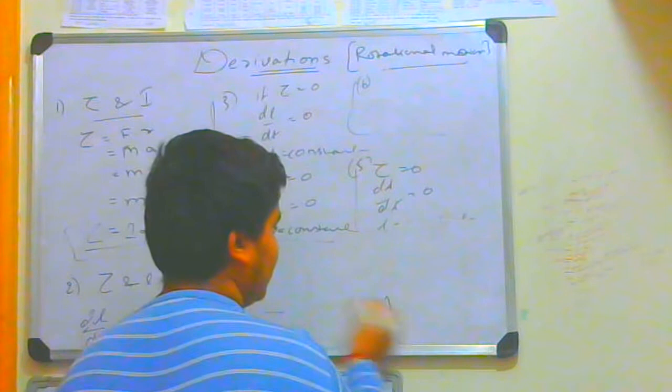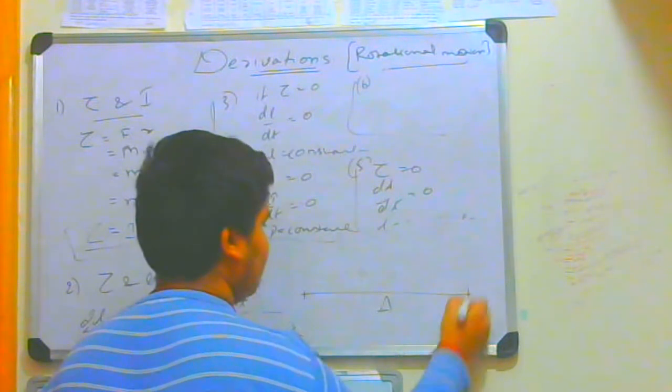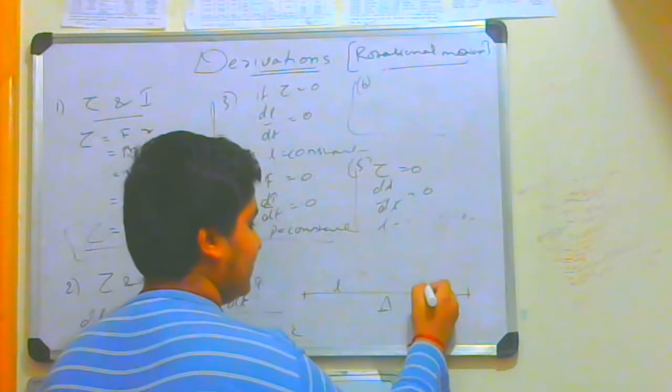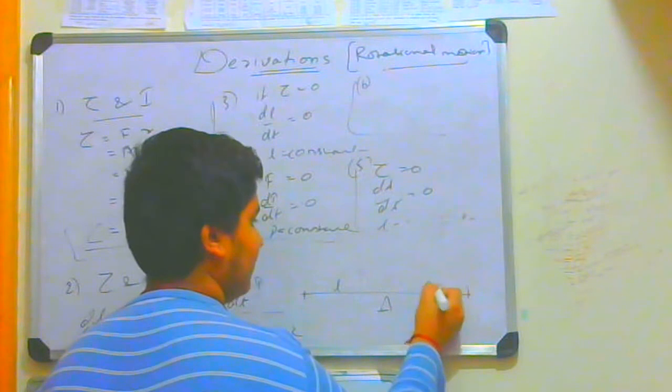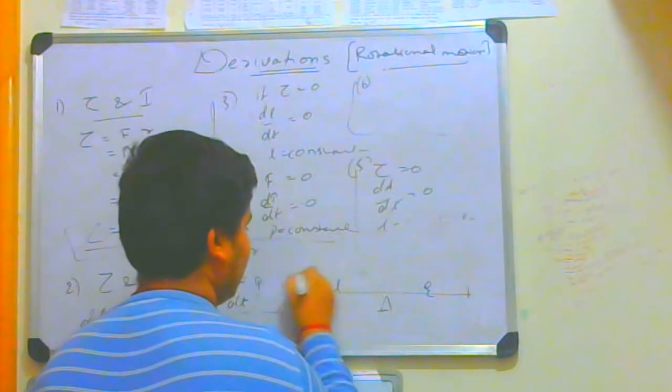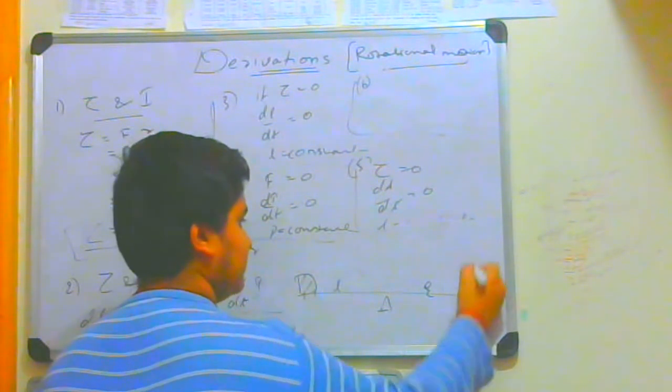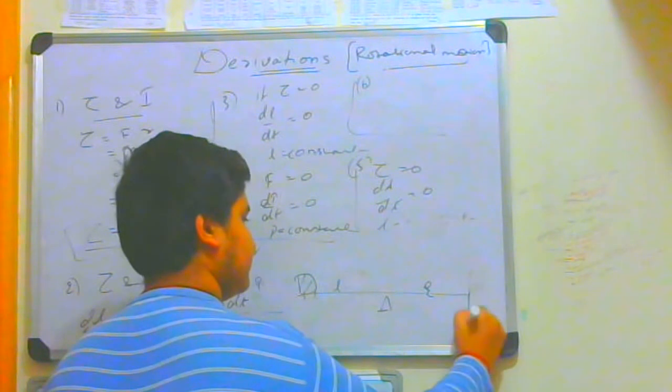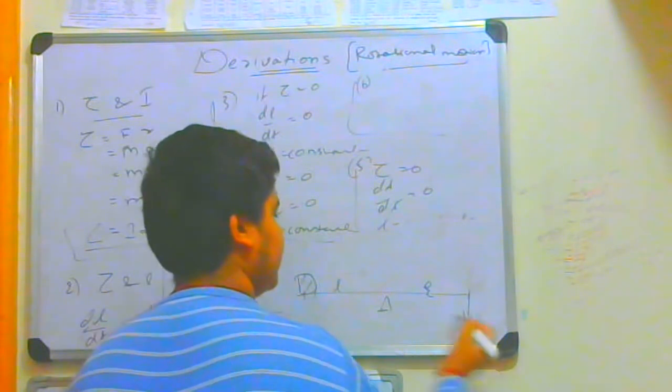For the lever, note down the structure of the lever, I am writing it here. Here your fulcrum will come. Then you have the arm. Let this be the load arm. Let this be the effort arm. So this is your load, and this is your effort.